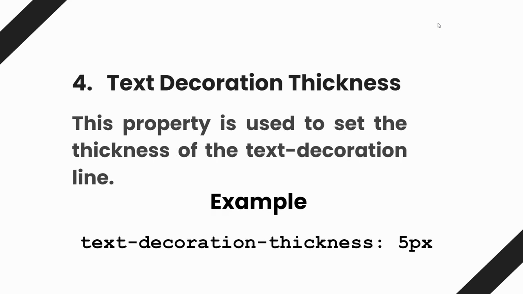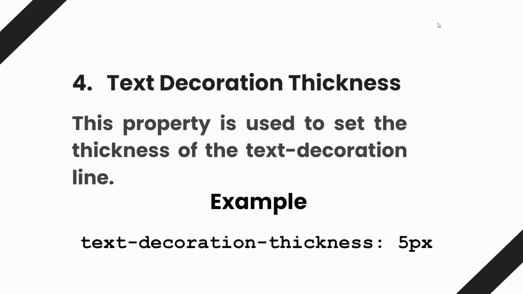So the next and final property under the text decoration is the text decoration thickness property. This property is used to set the thickness of the text decoration line. It's used to determine how thin or how thick the decoration line would appear. This particular property is quite similar to the border width property.